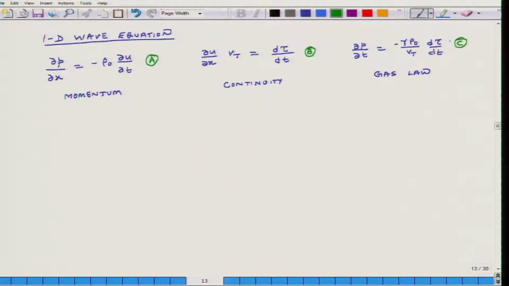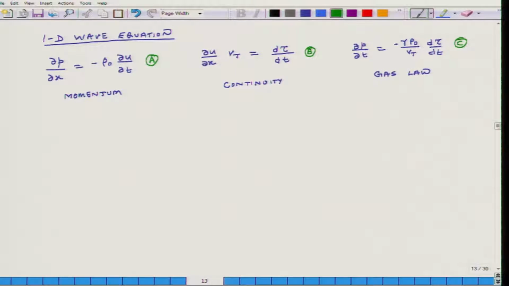We see that in these three equations there are three unknowns. The first unknown is pressure; rho naught is known, which is the density of air at standard temperature and pressure conditions. The second unknown is u, the third unknown is volume, and then there is also a fourth unknown, tau. So, there are four unknowns, but we know that V t equals tau plus V naught, and V naught is known.